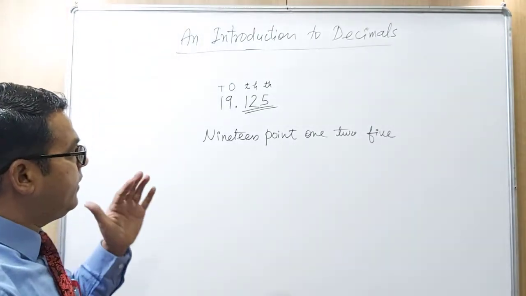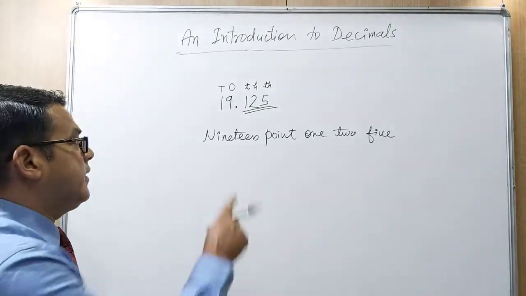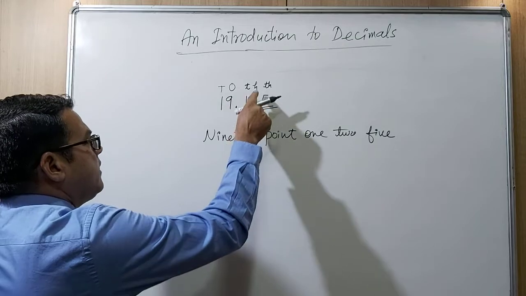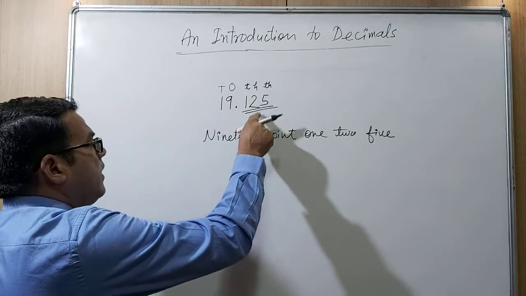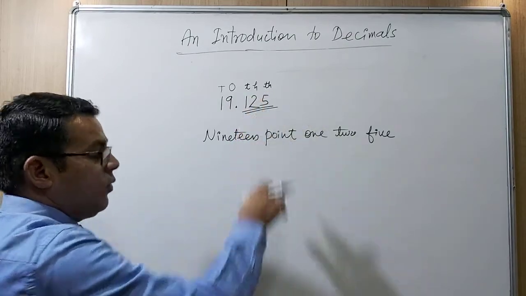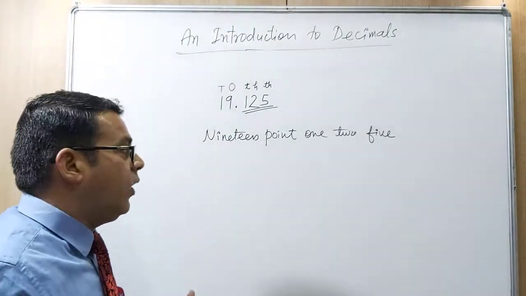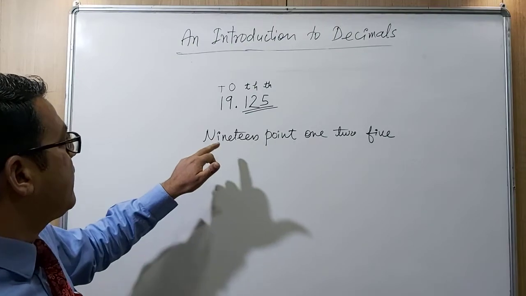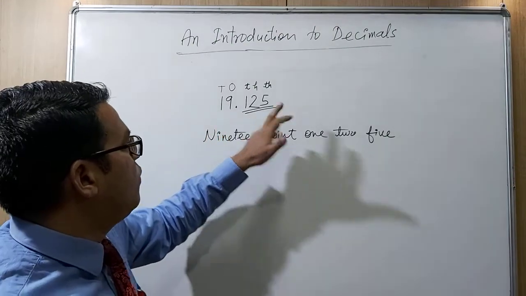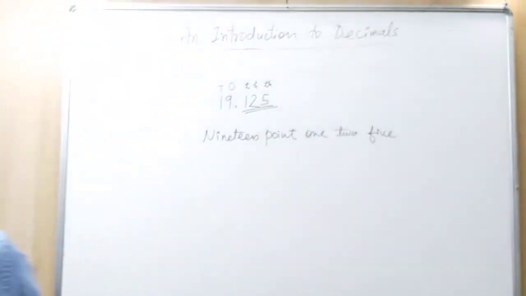These are actually parts. This is the 1/10th part, this is the 1/100th part, and this is the 1/1000th part. So we can't read this number as a whole. So we read it as 19.125. Hope you understand.